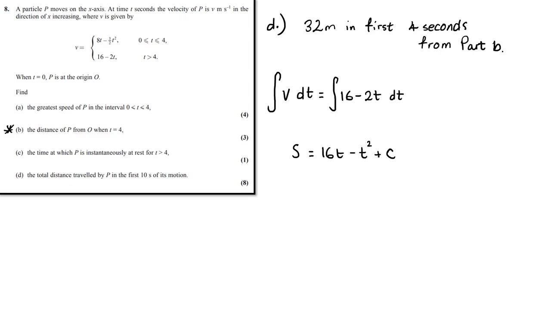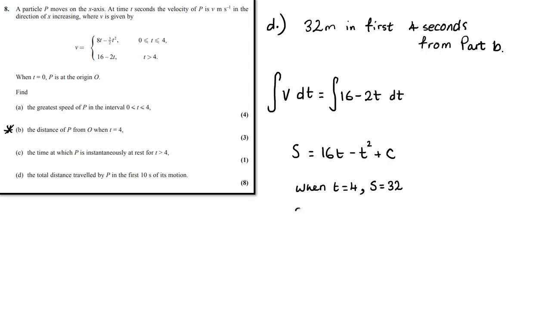Now, be careful with this one because c won't be equal to 0 in this case. The reason why is because we know there was 32 meters travelled in the first 4 seconds. So that's essentially our initial conditions here, because we're saying when t equals 4, s is equal to 32. So I can now substitute this back into here and solve for c.